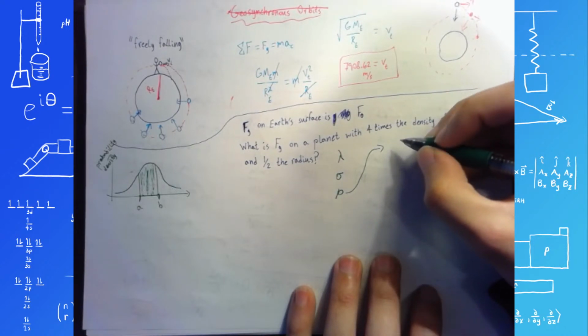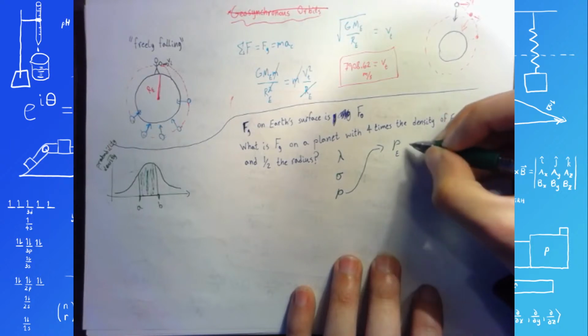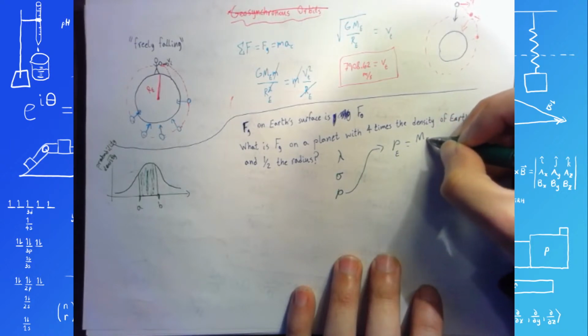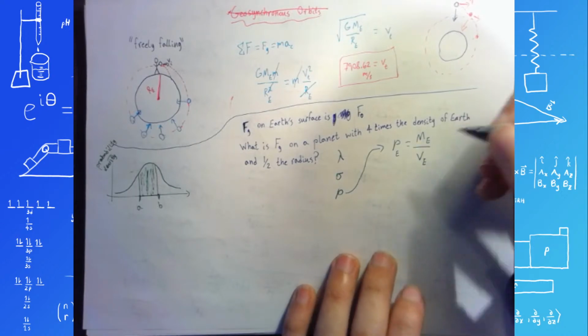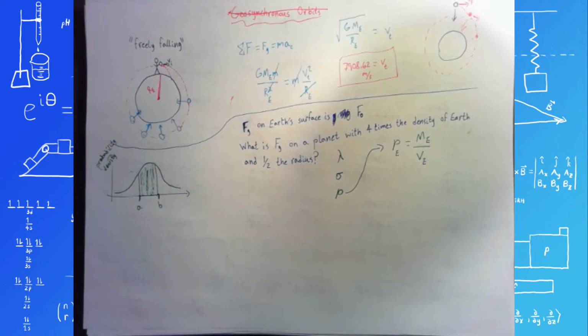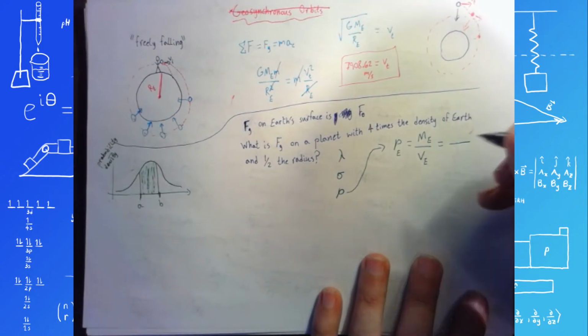So density of the Earth, we're going to say density of Earth is equal to the total mass of the Earth divided by the total volume of the Earth. And we're going to assume, for the sake of simplicity, that the Earth is a perfect sphere. The volume of a sphere is 4/3 pi r cubed.